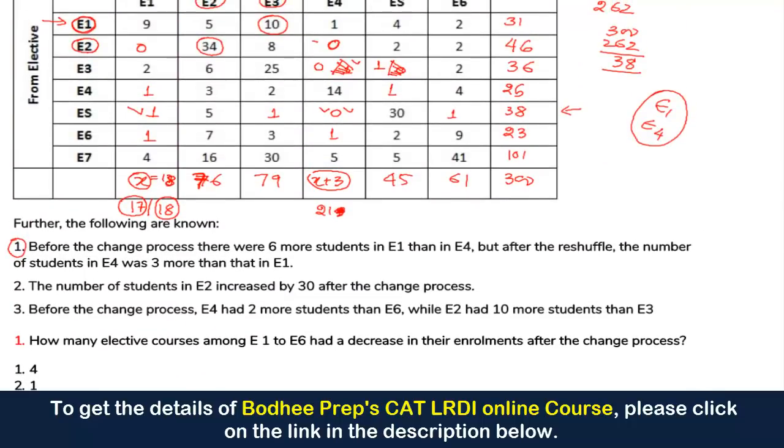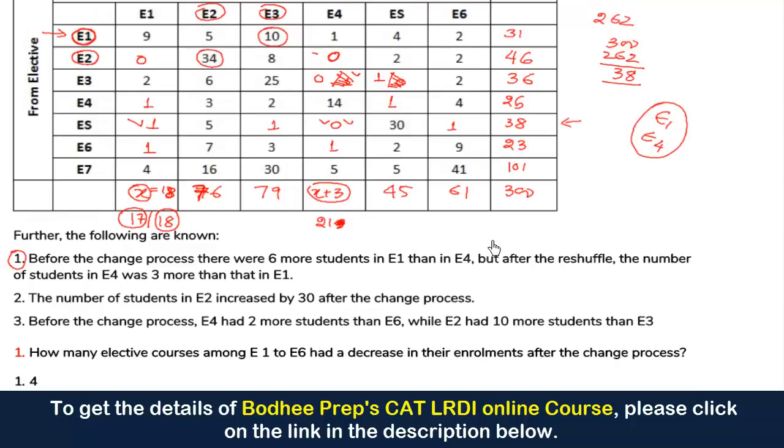So let's move to this table again. So we can say that E1, the total number of students after the change, is 18, and this is the only number which is less than 20. So what will happen is that those students who have changed from E1 to some other elective have to come back to E1, right? So if I look at this particular row, then from E1 there were 5 people who took E2, then 10 people who took E3, then 1 person who took E4, then 4 people E5, and 2 people E6.